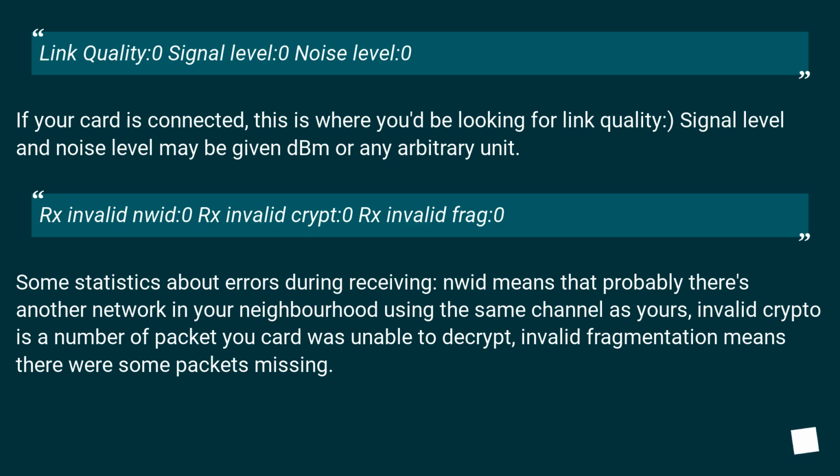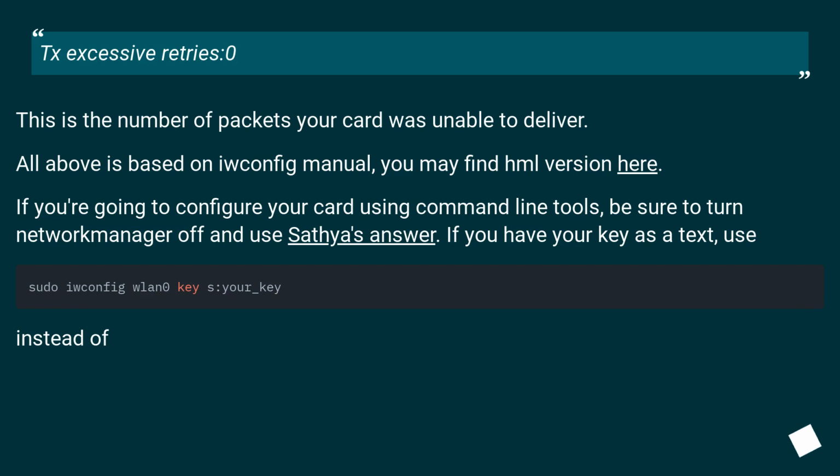Invalid crypt is the number of packets your card was unable to decrypt. Invalid frag means there were some packets missing. Tx excessive retries: 0. This is the number of packets your card was unable to deliver. All of the above is based on the iwconfig manual; you may find an HTML version here.